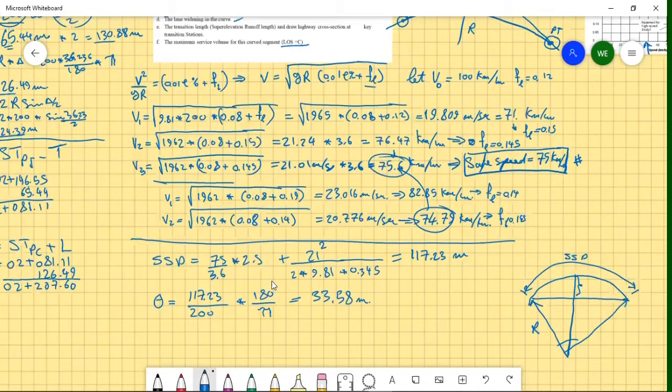I'm sorry, not meters. 33.58 degrees. It's an angle.